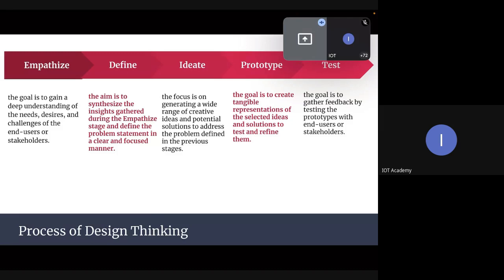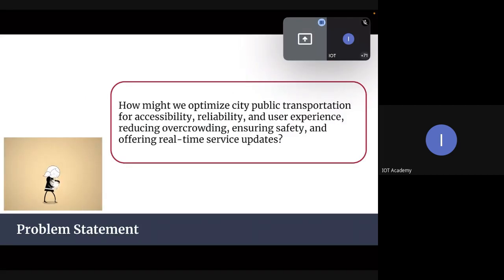Now on your screen, you may see a problem statement. The problem statement says, how might we optimize city public transportation? And there are various points that this problem statement talks about: accessibility, reliability, user experience, overcrowding, safety problems, and real-time service updates.